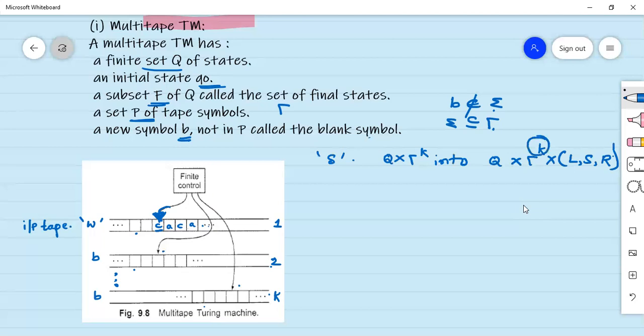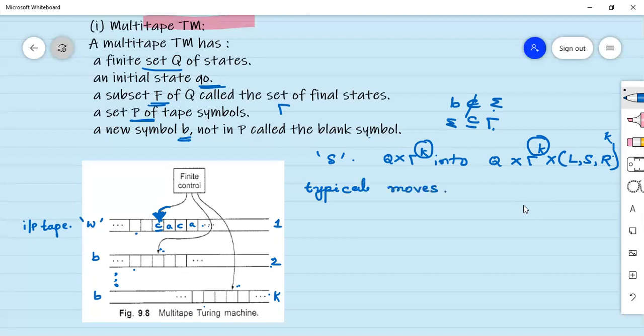Only thing is you can see a K here, meaning for each tape. Multiple tapes come into picture, right? So since multiple tapes come into picture, I have written the transition as to the power K. Means when K is 2, second tape, K is 4, fourth tape, like that. Alright. So how many read write heads are there? If you have K tapes, obviously you will have K read and write heads. So what are the typical moves in a multi-tape Turing machine?